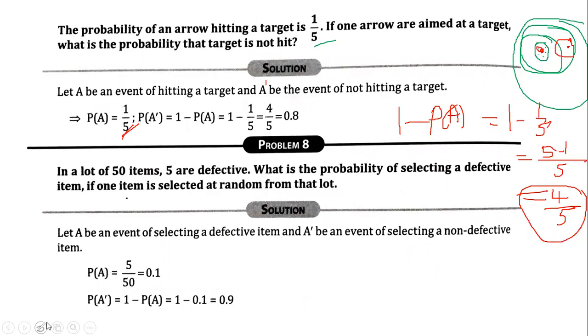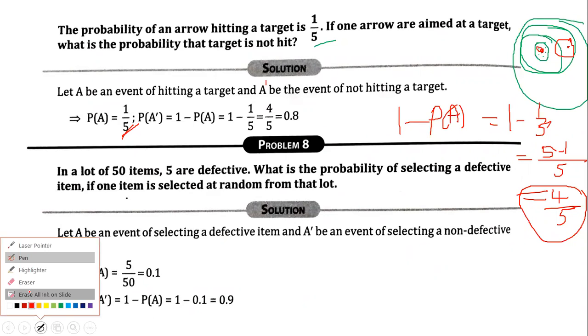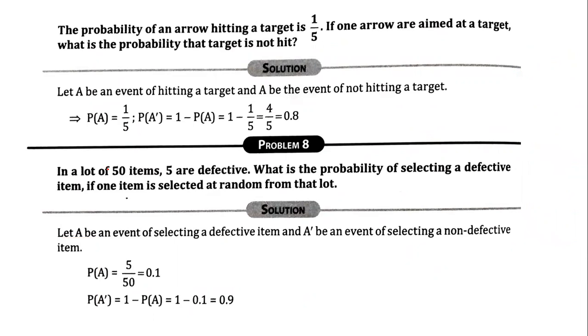Now, moving to the next question. In a lot of 50 items, 5 are defective. Okay, so to a factory, they are getting a lot of 50 items. In that, 5 items are defective. What is the probability of selecting a defective item if one item is selected at random from the lot?